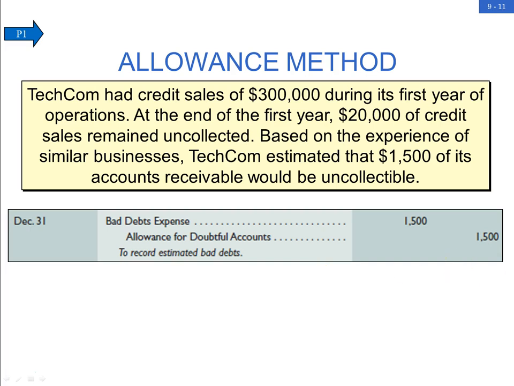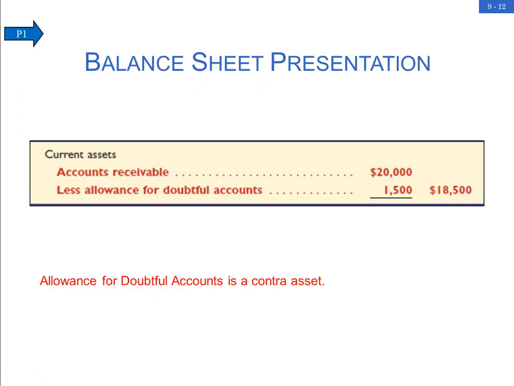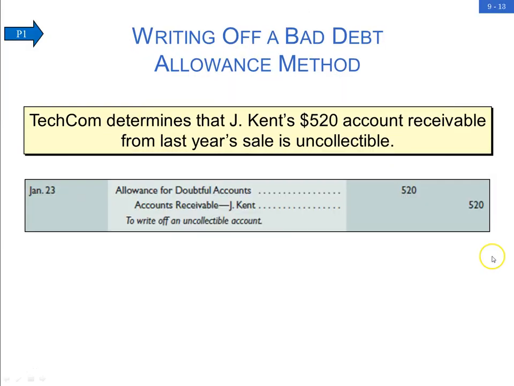So we put it into allowance for doubtful accounts, and then in the future, once we finally know who it's not going to be, we will actually debit the allowance for doubtful accounts, not bad debt expense. Because remember, we took the bad debt expense back in the same year as the sales. So we matched the bad debt expense, and now it's just a matter of figuring out who it is that's not going to pay us from that $20,000 total.